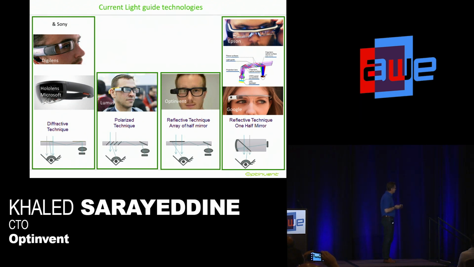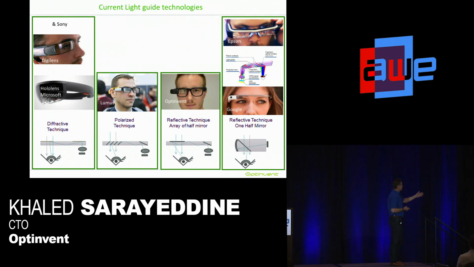I start from the left. You have what we call the diffractive technique. The presentation before explained one of them. How it works, actually, you have a microdisplay that collimates the light, and the light is diffracted, incoupled inside the light guide, and outcoupled. The diffractive technique uses either a holographic optical element or a simple surface relief diffraction.